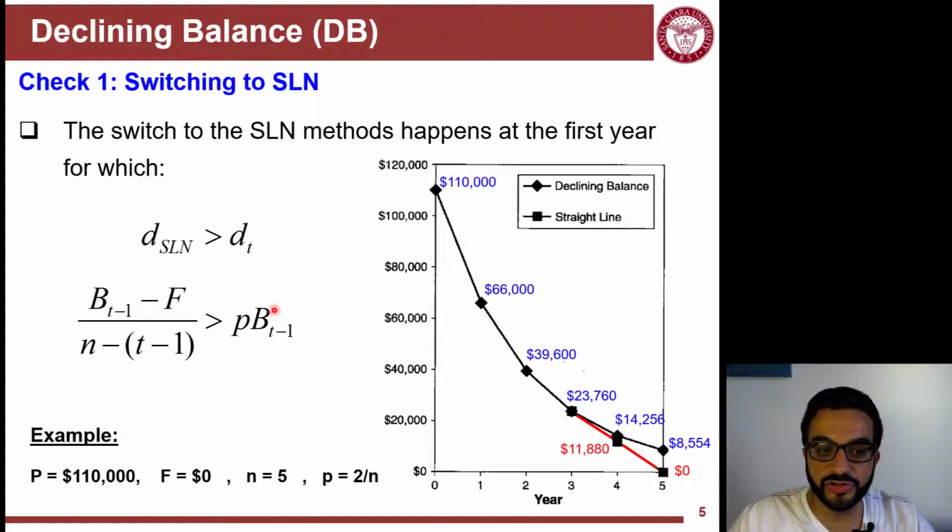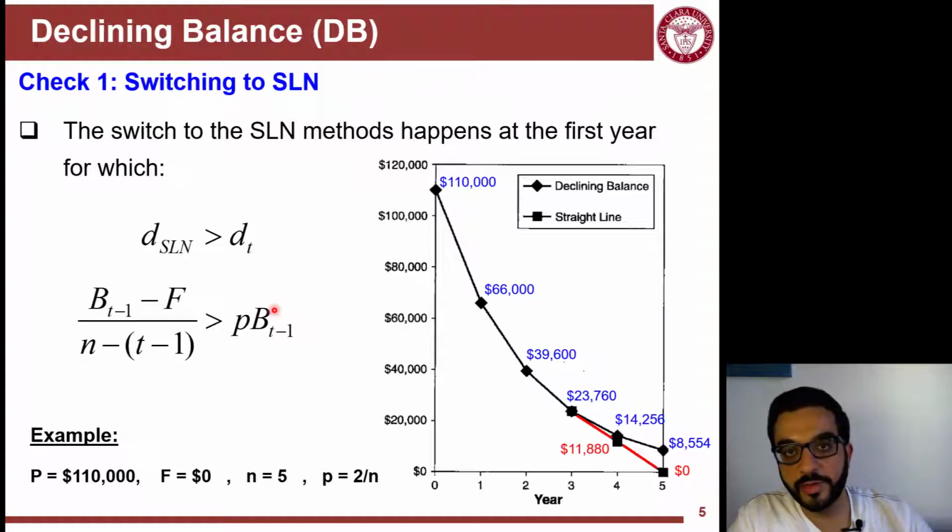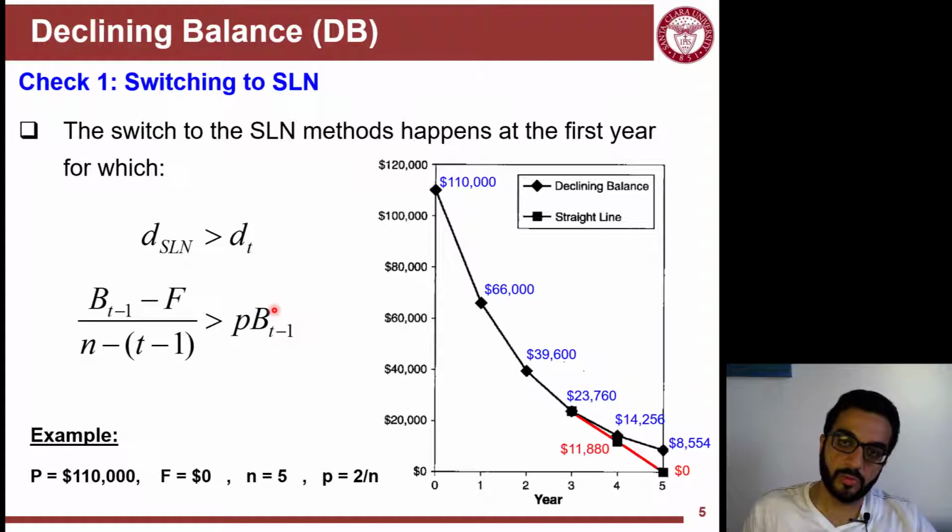So typically you will just keep following declining balance from the beginning to some point when, if you switch to a straight line, it will actually give you a higher depreciation. So this is just an example here, plotting. This is a declining balance. You can see accelerated depreciation in the first years, slowing down a little.